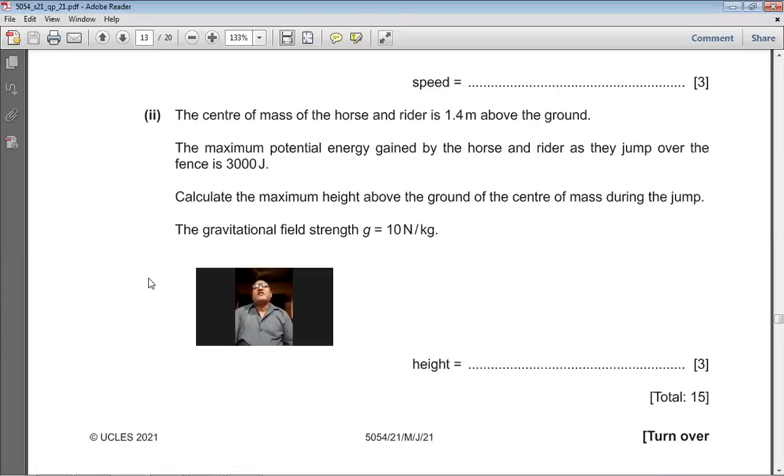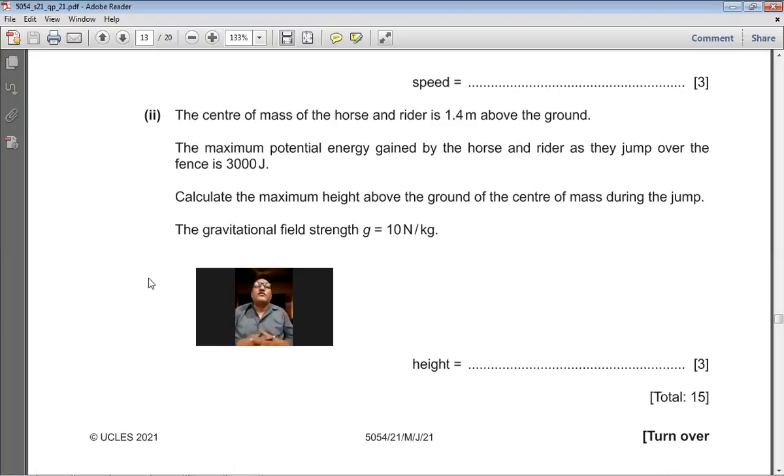The gravitational field strength g is 10 newtons per kg. Now we know that the potential energy gained during a jump is 3000 joules, and the rider is already at a height of 1.4 meters from the ground. So the potential energy gained is 3000 joules.